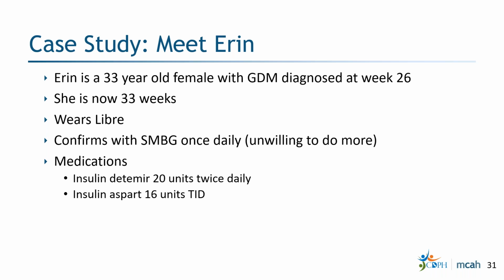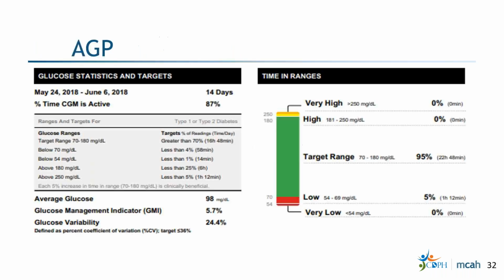So she does check in the morning, but part of the reason that, like many people, she wanted to use CGM was because she was not a fan of doing all of those finger sticks. Medication-wise, insulin detemir, she is taking 20 units twice daily for her long-acting insulin, and then she is taking insulin aspart 16 units 3 times a day at breakfast, lunch, and dinner.